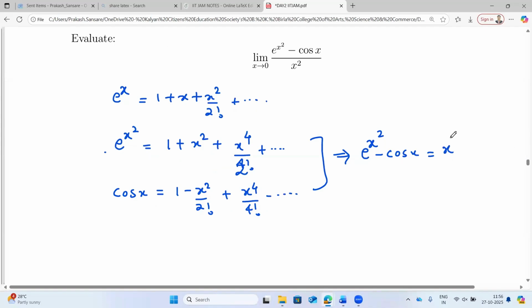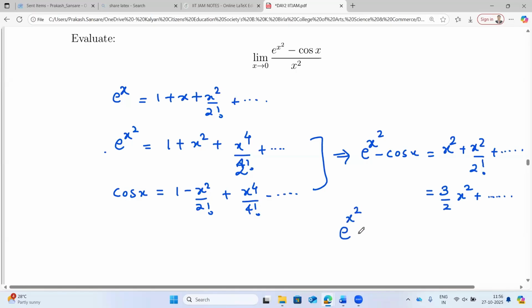So x square plus x square by 2 factorial plus higher terms of x. Now this will be 3 by 2 times x square plus the higher terms of x, and now I need to divide it by x square.